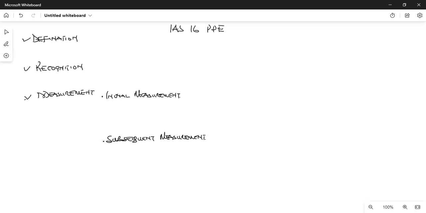And in trying to understand the subsequent measurement, you have to go through and deal with issues like depreciation. We'll deal with issues like useful life. You'll deal with issues like revaluation.